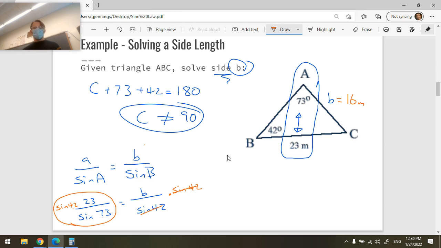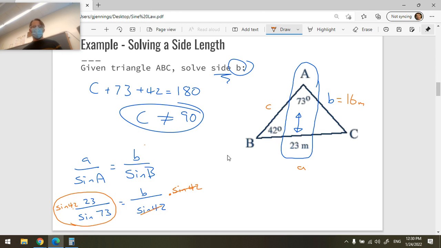Okay, so if I want to solve for this one, you need to first find these pairs of knowns that create one of your ratios. Because A and side A over here, this is little side A, this is little side C. We weren't asked to find little side C, we were asked to find little side B. So that would be 16 meters here. Why is it 16 meters?